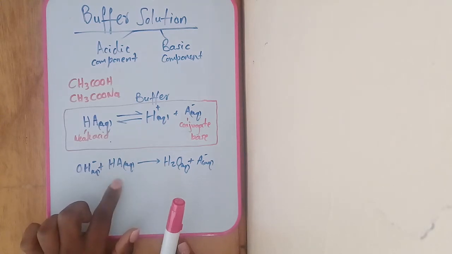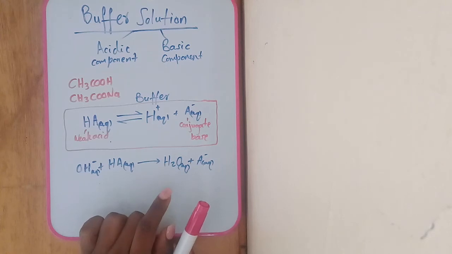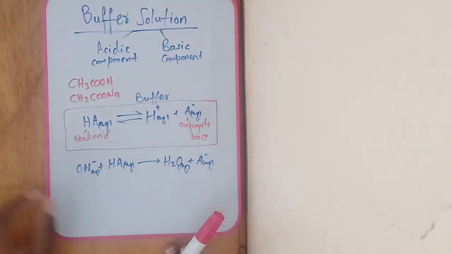It decreases the weak acid a bit, and makes a little more of the conjugate base. So that's what happens when you add small amounts of OH minus, your strong base, into your solution that you're working with, which consists of a buffer.